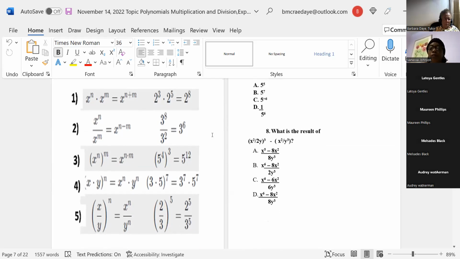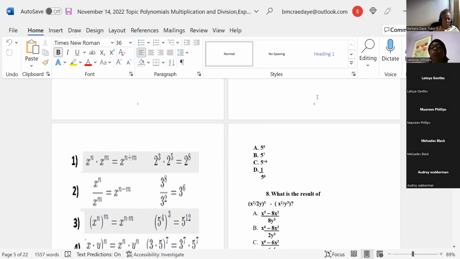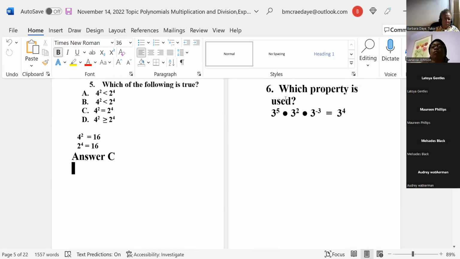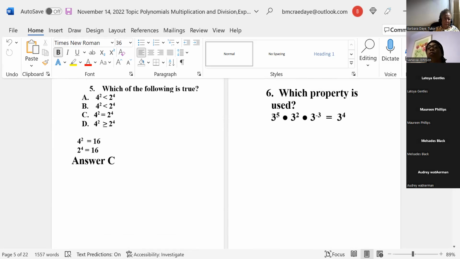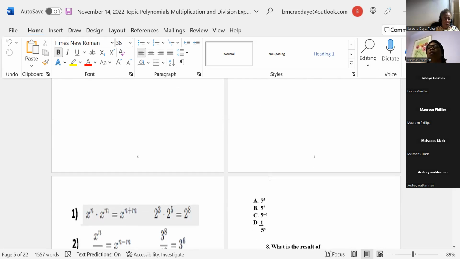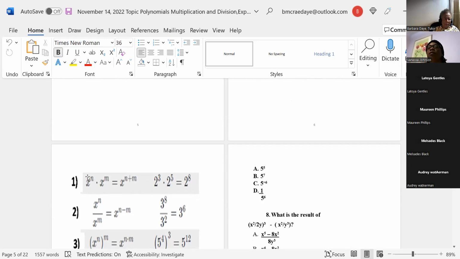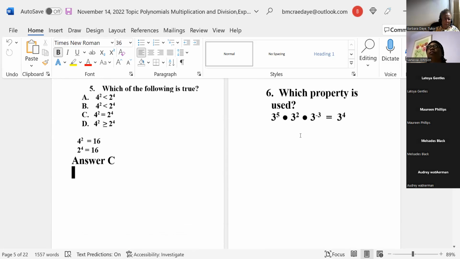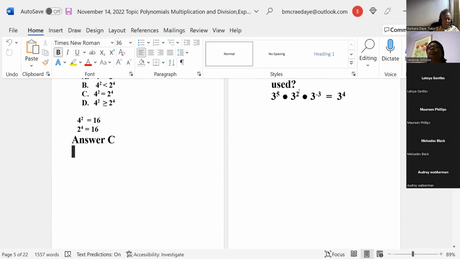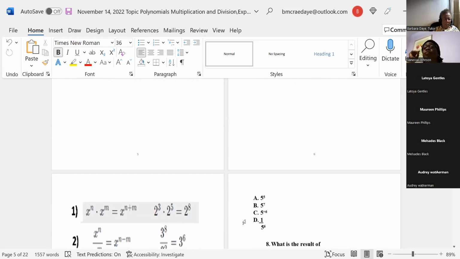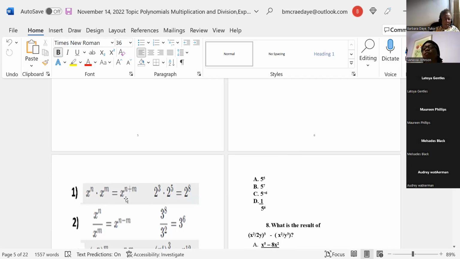The properties are numbered 1 through 5, and you look at what was given and which one does it match. You're multiplying, same base, and you have powers, you add the exponents. So that has to be the property where you multiply the same base and the powers are different. They represent like X or M, and you add the powers.